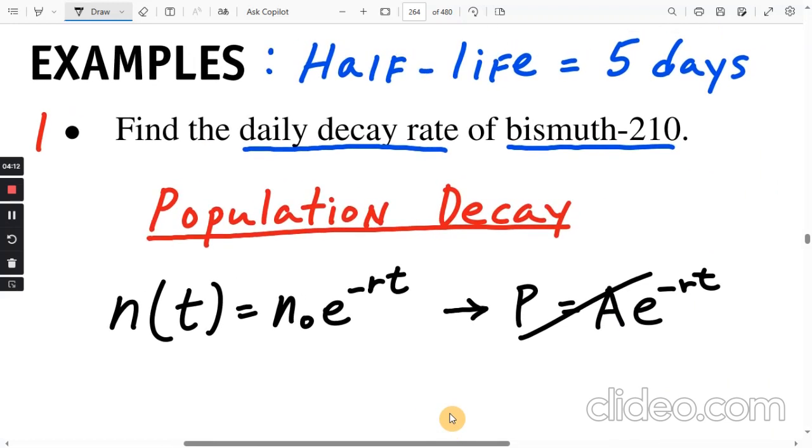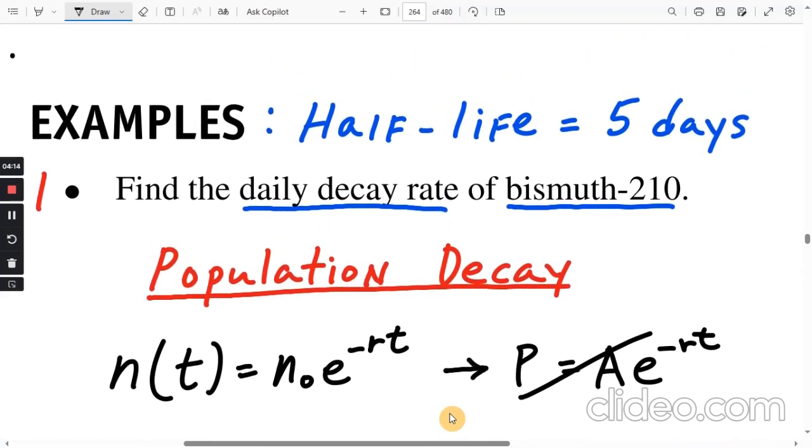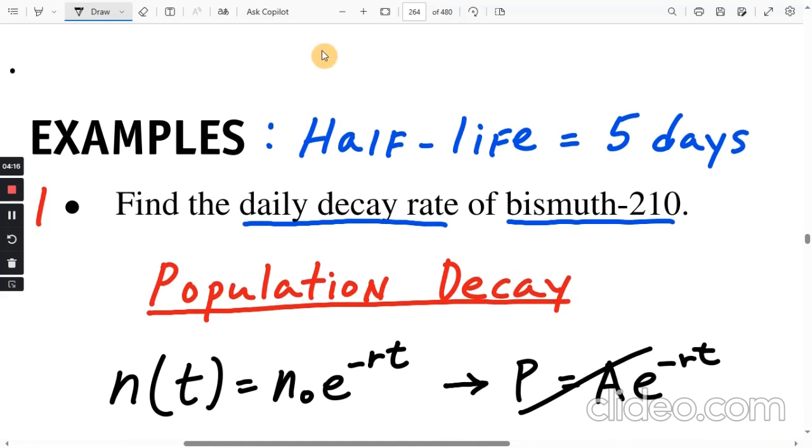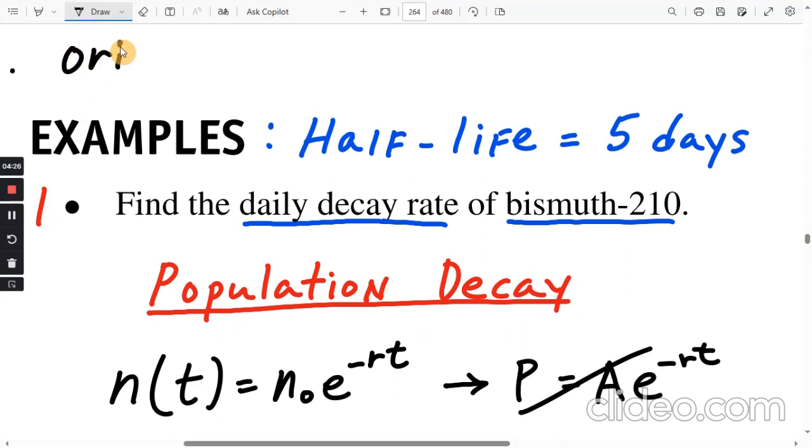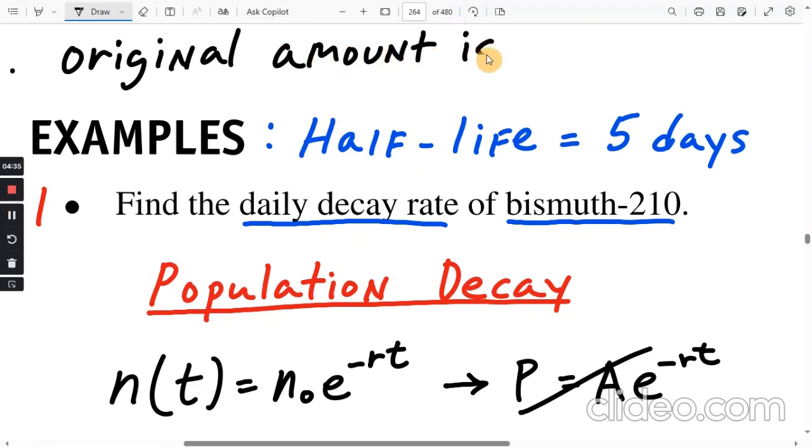Anyhow, since the half-life is 5 days, we can say that the original amount is cut in half every 5 days.